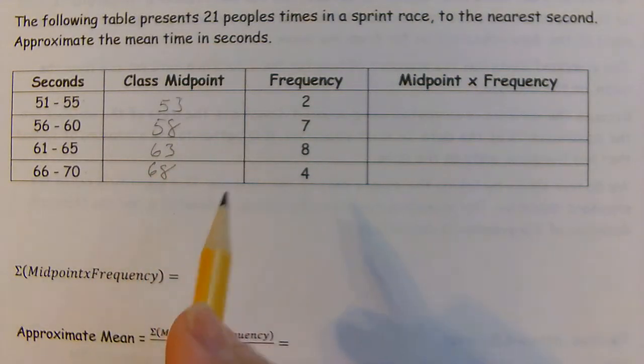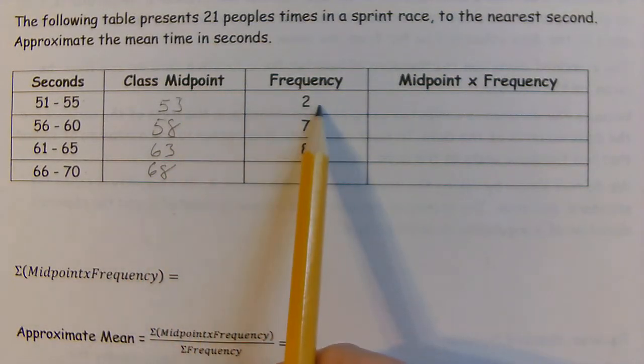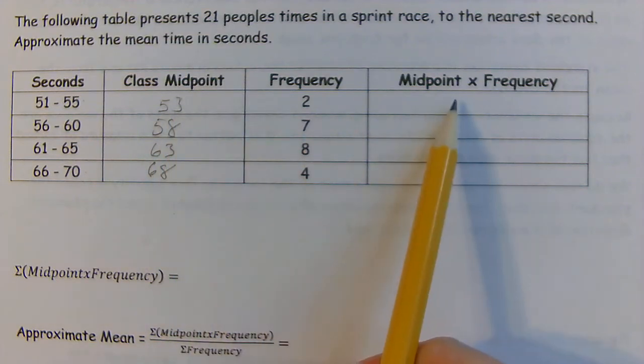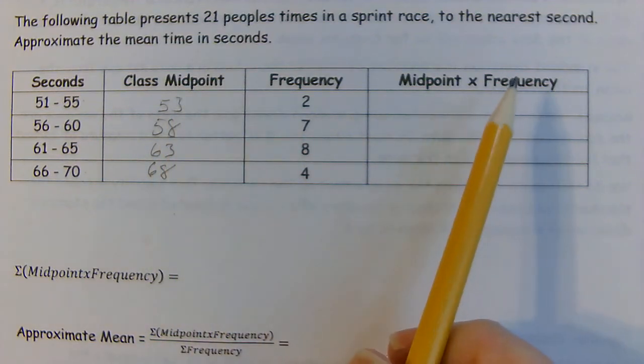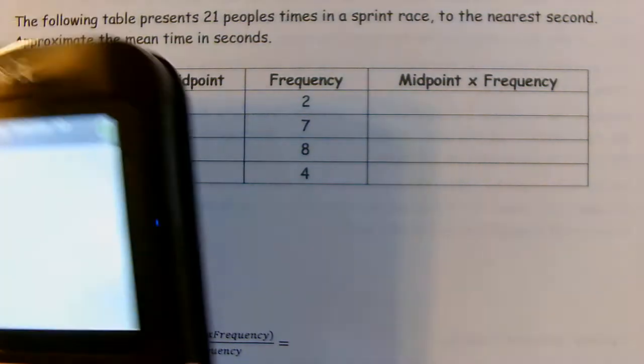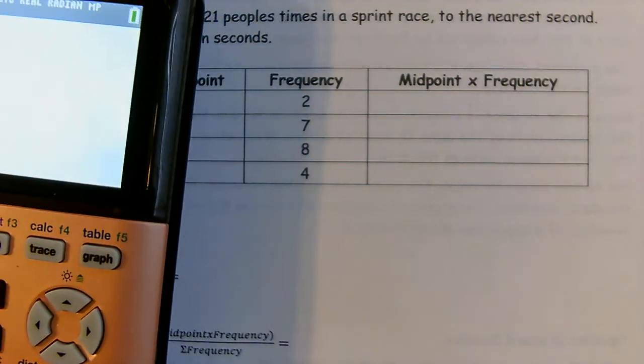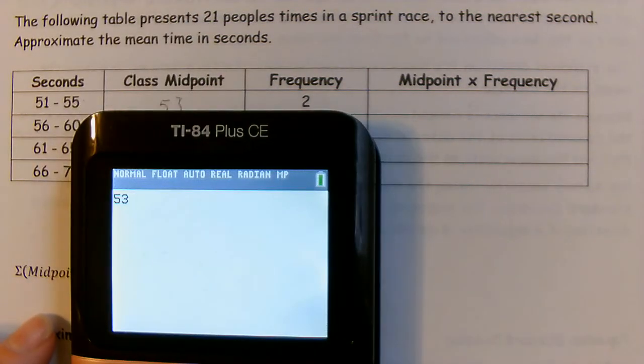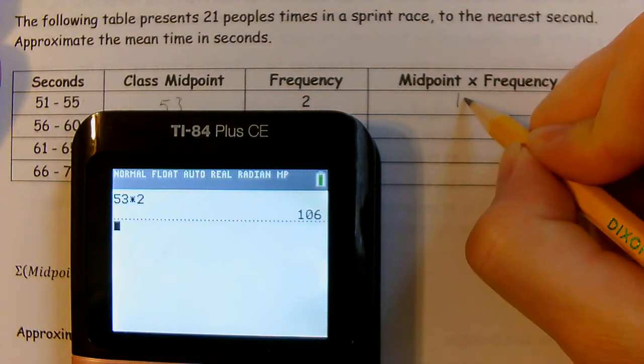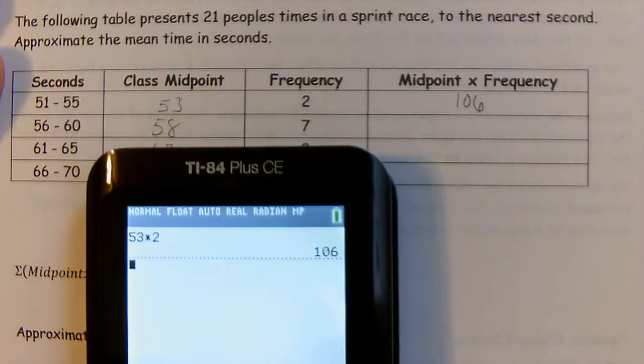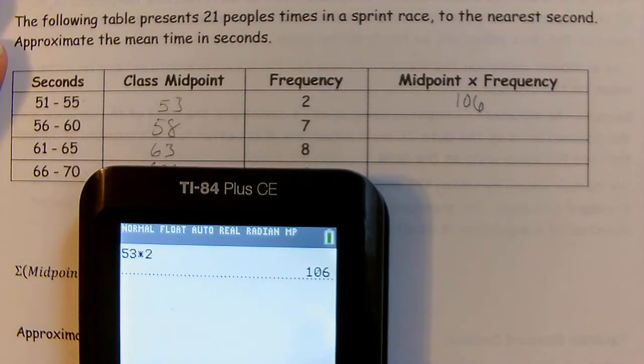So the formula says we need to have these two people times that midpoint. And I'm filling in this column by multiplying those numbers. So I'm taking each midpoint, multiplying it by the frequency in that class.